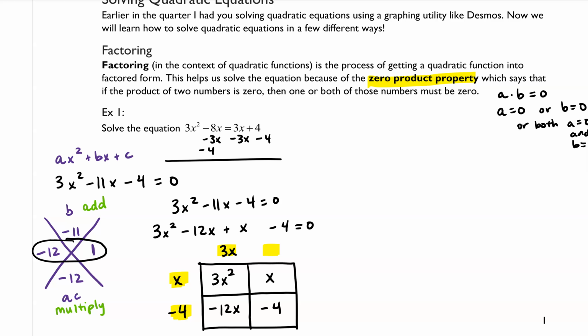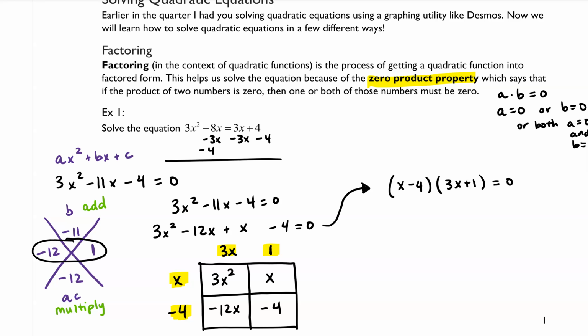And really, we could just factor out a 1, because that's basically what they have in common. Now, those highlighted yellow terms there are what our equation is going to factor into. So this equation now becomes x minus 4 times 3x plus 1 equals 0.